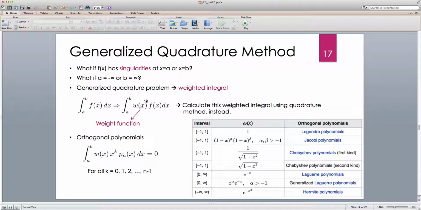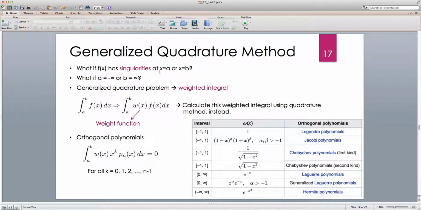Then this weight function can regulate them, and more likely it can suppress those very high irregularities in the function values. Okay? So we're going to calculate this weighted integral using the quadrature method instead. Instead of calculating the integral of f of x, we calculate the integral of w of x f of x. And there are ways to choose this weight function based on the type of singularity that the function has.